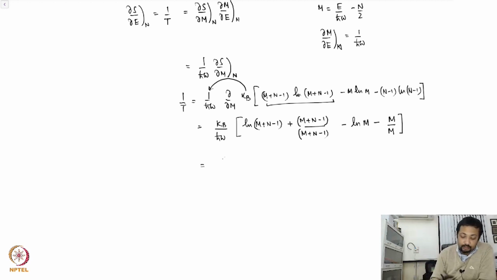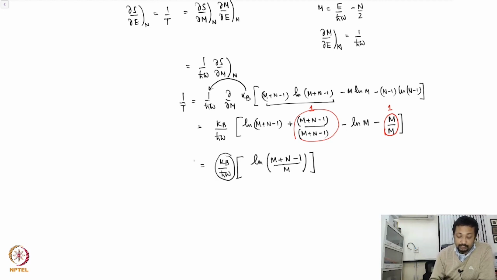So you see in this expression, this term is 1 and this term is 1, which cancel each other because they have opposite signs. You have ln of (m plus n minus 1) divided by m.